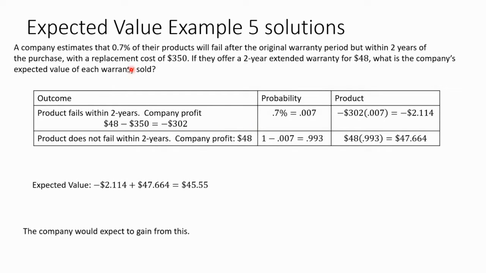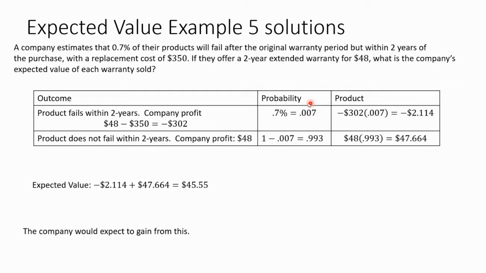But how likely is this to happen? If you remember, 0.7% of the products will fail after the warranty period, but within 2 years. So that gives us our probability. You want to convert it to a decimal, which is 0.007.